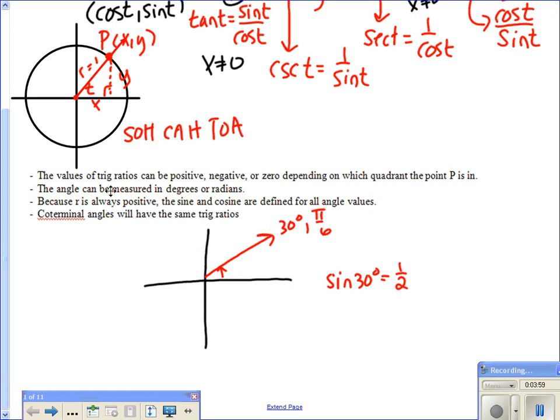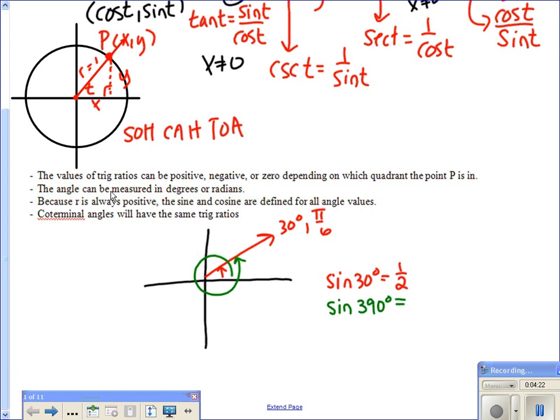If I do a coterminal angle with that, something coterminal means you're adding or subtracting 360 degrees, or if you're in radians, you're adding or subtracting 2 pi. So if I go all the way around my circle and back to here, I've added one whole rotation plus the 30 degrees. So that would be the sine of 390 degrees.